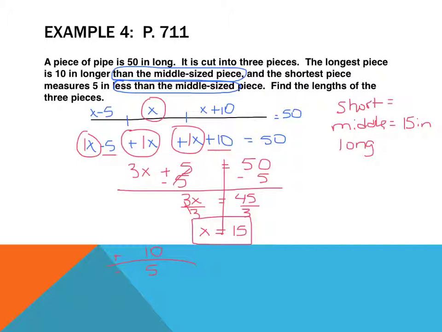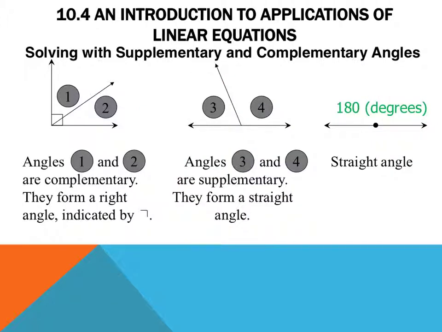That means my shortest piece is 15 minus 5, 10 inches. And my longest piece is 15 plus 10, 25 inches.